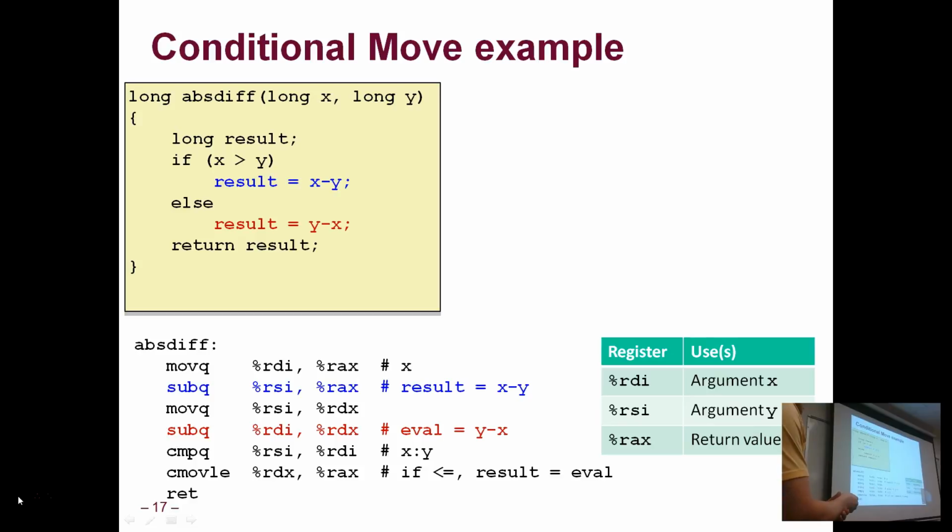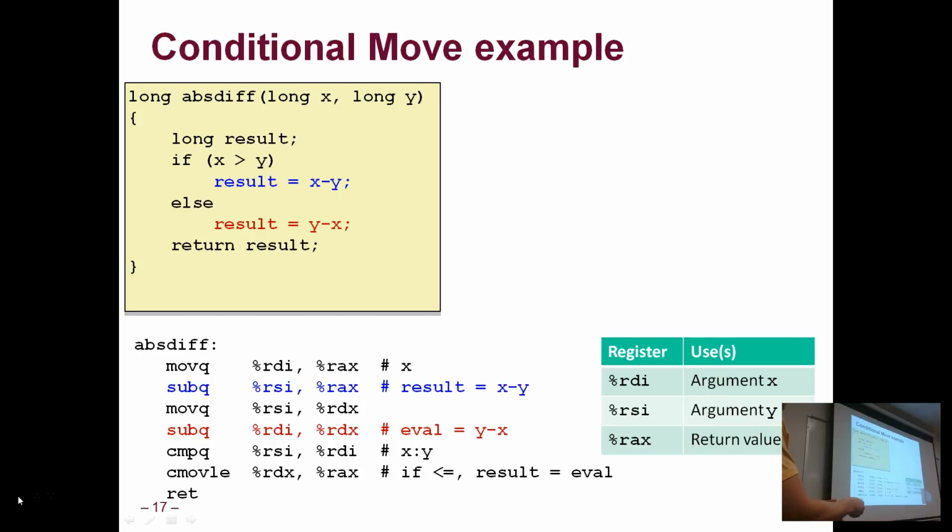So here, RDI goes into RAX, and then you subtract y from it, so RAX now holds x minus y. That's stored in RAX. And then in RDX, you calculate the else clause. So you move y into RDX, and then you subtract x from it, so eval is equal to y minus x.